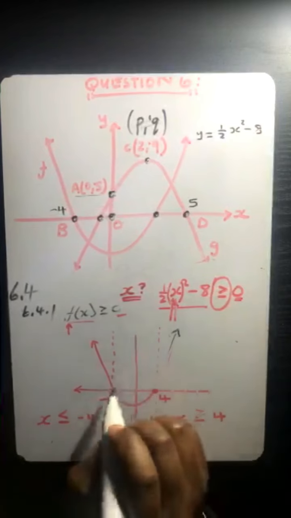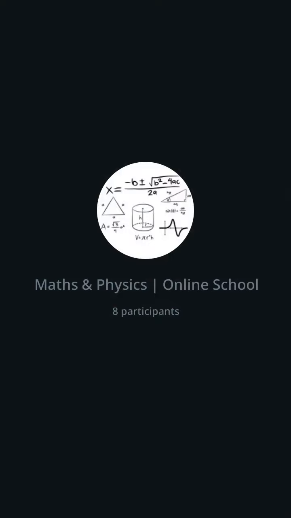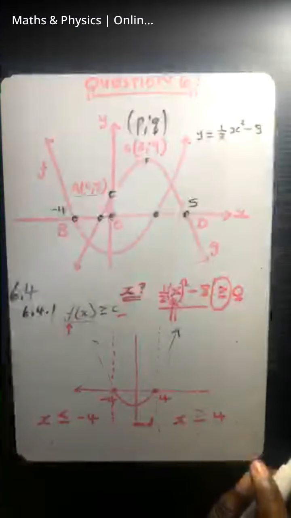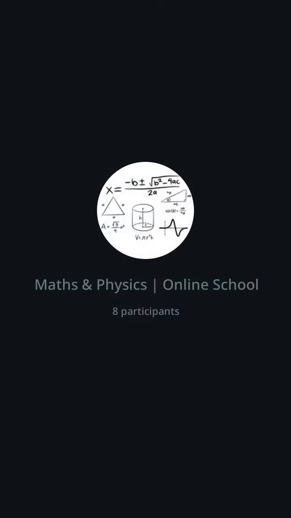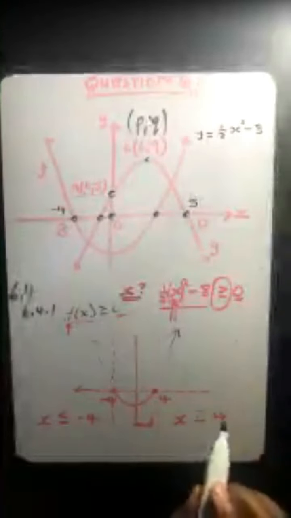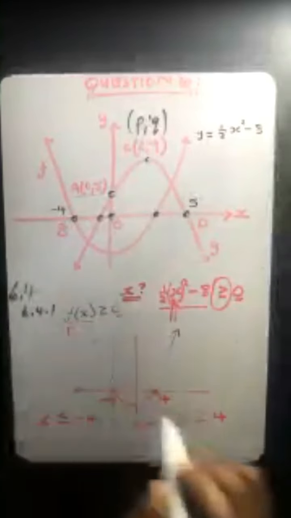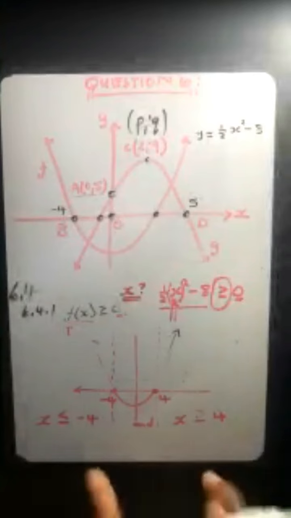Yeah, it's a bit tricky to explain this. But what I can advise you to do is to try and substitute the x values on this side, in between, and also on this side. That's when you're going to be able to tell where this statement is true. Then where it is true, that's when you write those.